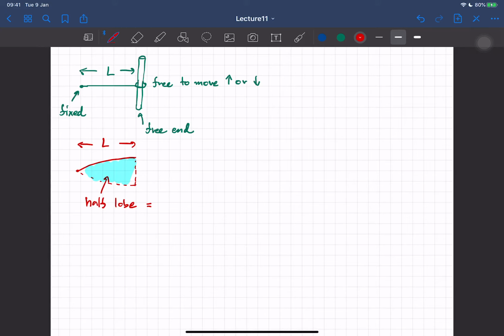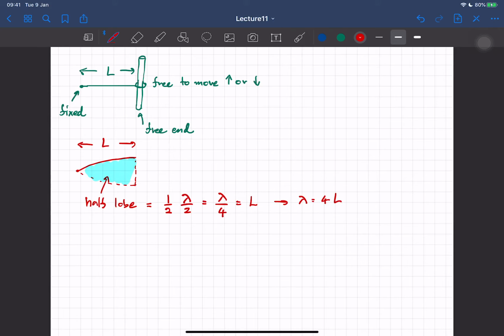Half a lobe has the length of half of lambda over 2, so that's going to be lambda over 4. So in this case, the longest wavelength that we have is going to be 4L, because lambda over 4 equals L. That means lambda is 4L.